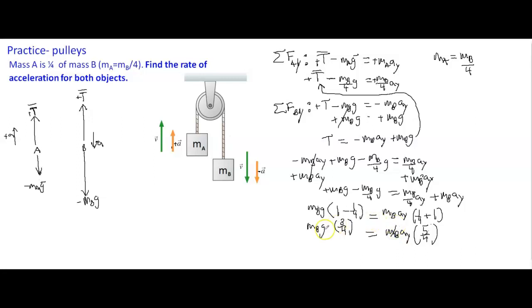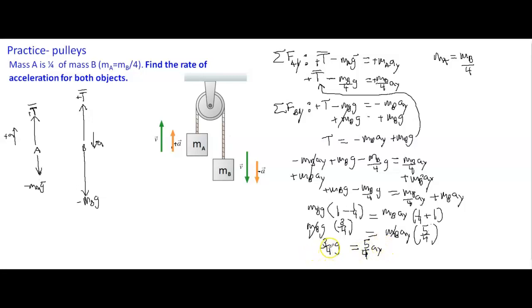Notice that the MBs cancel out and the fourths will cancel out. I'll let that happen naturally. I'm going to multiply both sides. So what I'll have is 3/4 G. I just brought 3/4 to the front. The MBs came out. And that's equal to 5/4 times AY.